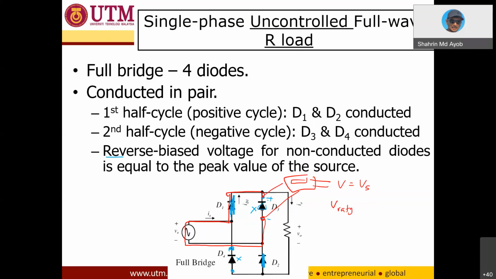Meaning you need to buy a diode that is at least equal to the maximum value of the V source. If the maximum value of the source is 300 volt, then you need to buy a diode that has a rating of at least 300. You can buy 400 volt, 500 volt. That's no problem.